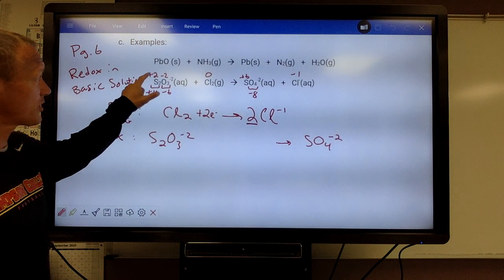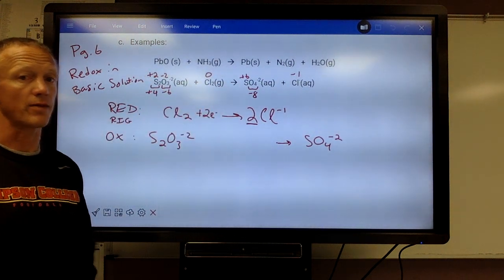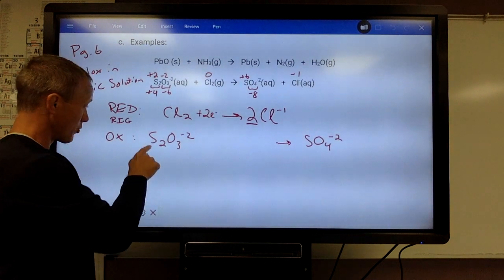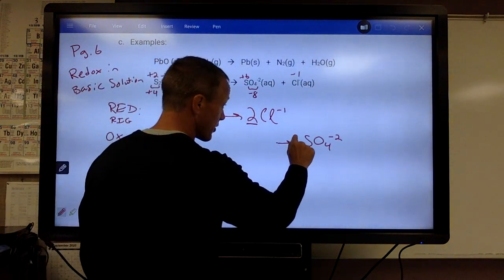It's going from +2 to +6 charge per sulfur atom, and there are 2 sulfur atoms. So we have 2 sulfurs here and only 1 here. First thing I do is make sure those are equal.